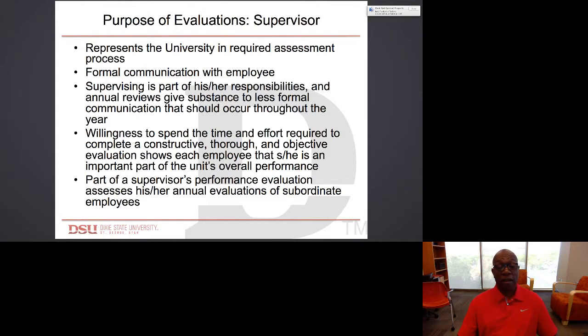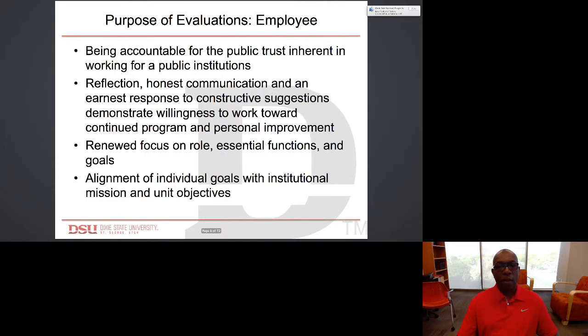Willingness to spend the time and effort required to complete a constructive, thorough, and objective evaluation shows each employee that he or she is an important part of the unit's overall performance. Part of a supervisor's performance evaluation assesses his or her annual evaluations of subordinate employees.